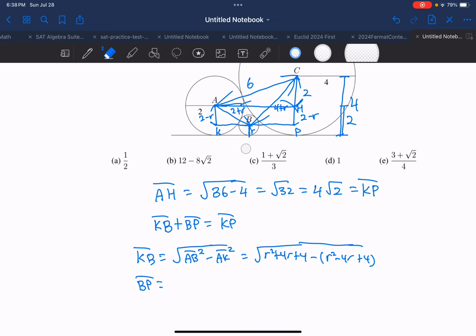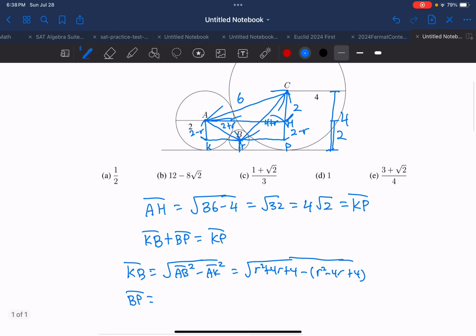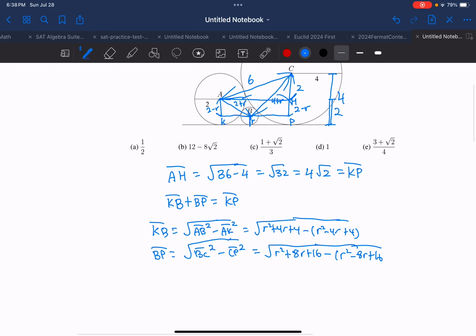It's always just to reference B. BP would be root BC squared minus CP squared, which is equivalent to root r squared plus 8r plus 16, because remember BC is r plus 4, minus CP squared, which is r squared minus 8r plus 16. And remember, we are adding these two values to get KP, which was 4 root 2.